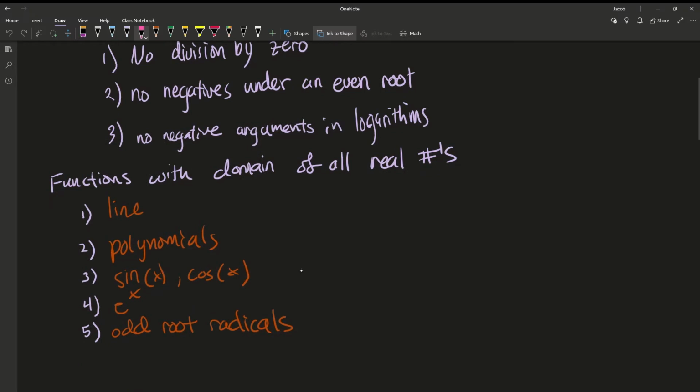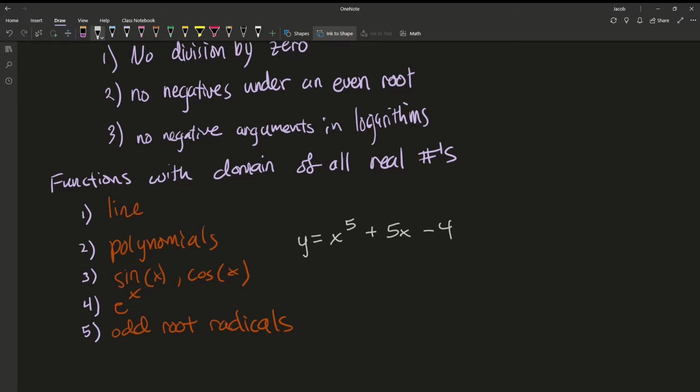And then when it comes to functions with the domain of all real numbers, any line will work, polynomials of any degree, so something that looks like y equals x to the 5th plus 5x minus 4, for example, would always have a domain of all real numbers.